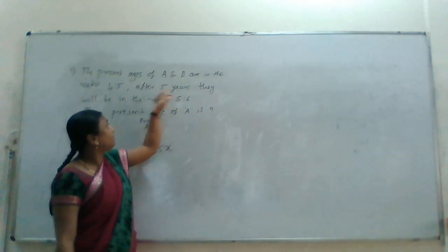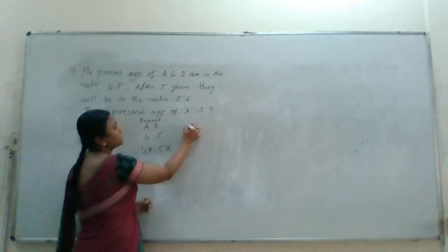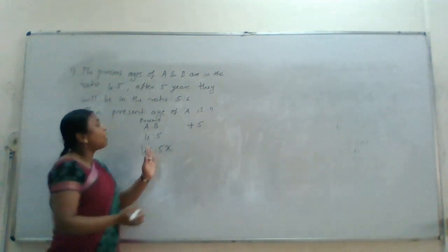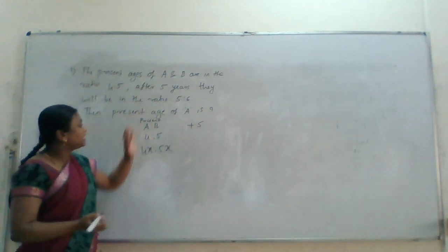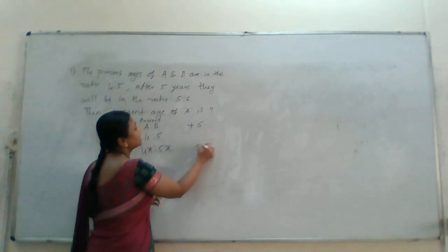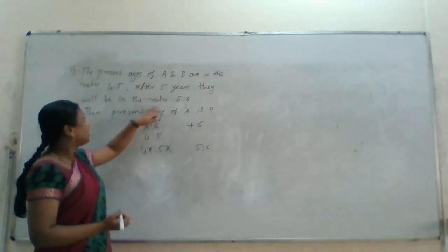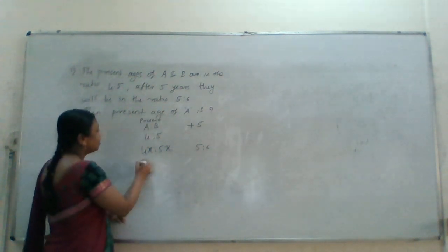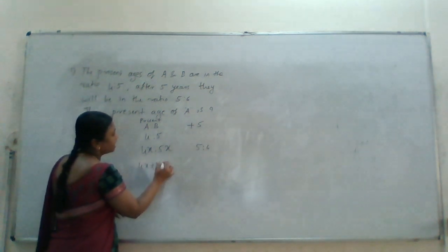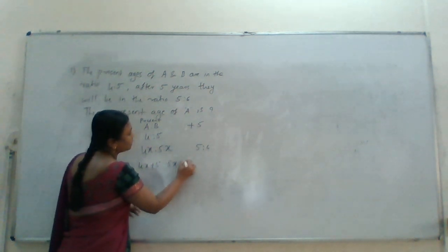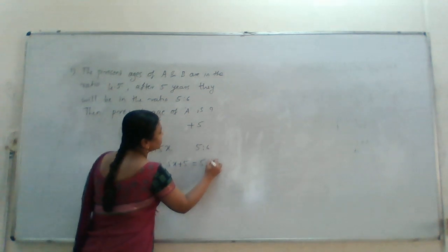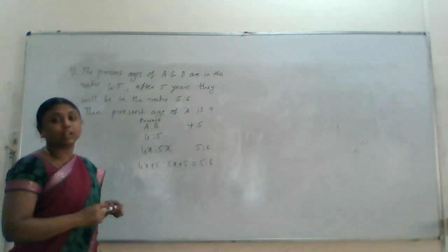Then after 5 years, you have to add 5 years. After 5 years it will be in the ratio 5:6. That means (4x plus 5) is to (5x plus 5) is equal to 5:6. Understand it carefully.